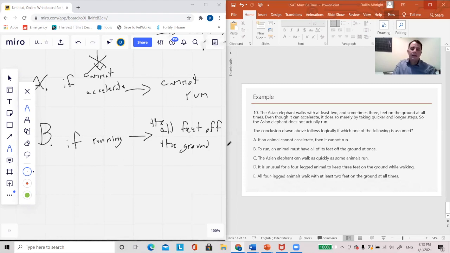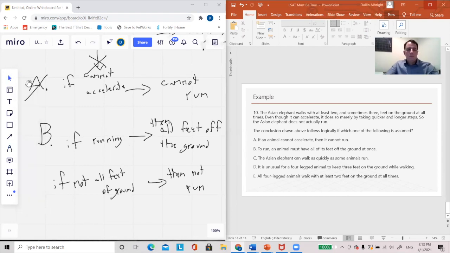And we can then take the contrapositive, we can flip that around and say, if not all feet are off the ground at once, then not running, or the animal cannot run.